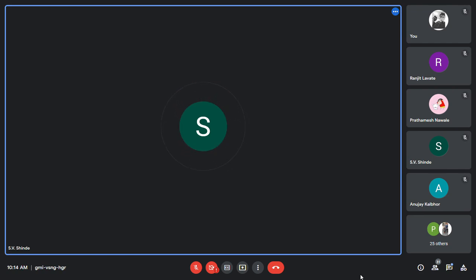Now, in order to go into deeper applications and understand the usability of the stack module, we will demonstrate some of the other applications. I will share the screen for you.